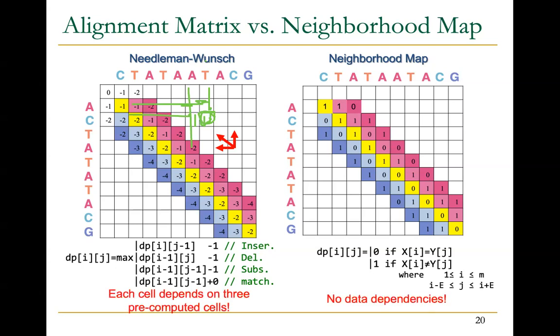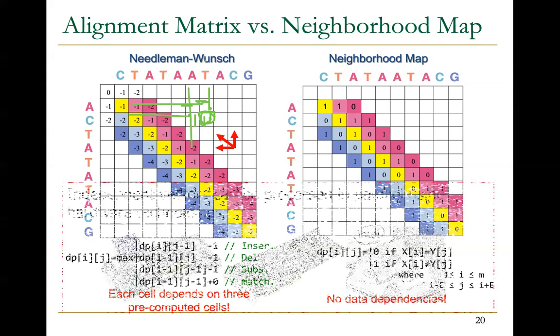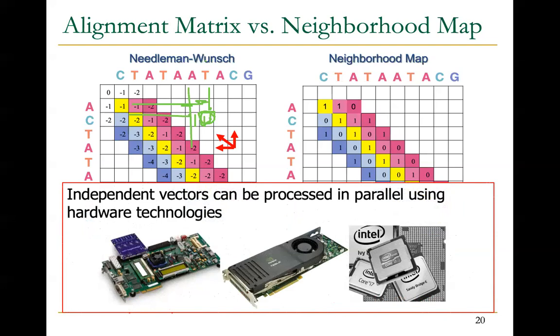What is the benefit of not having any dependencies between these cells when you compute the entire matrix? The nice thing is that you can parallelize everything using today's hardware. In sequence alignment, if you want to do the parallelization, what you can do is solve many problems in parallel, right? So you replicate this module to calculate sequence alignment many times. So you have different pairs operating in parallel.